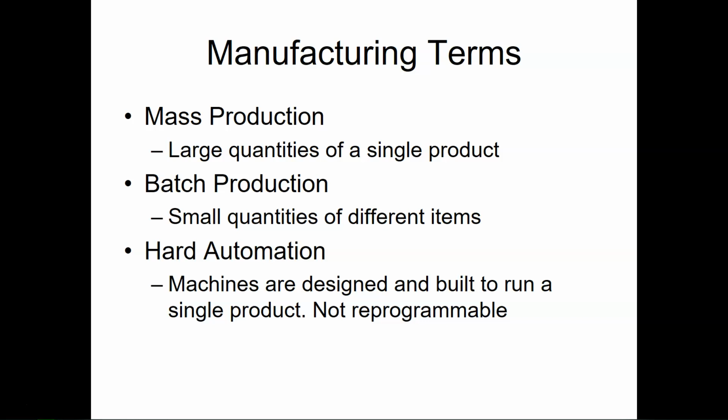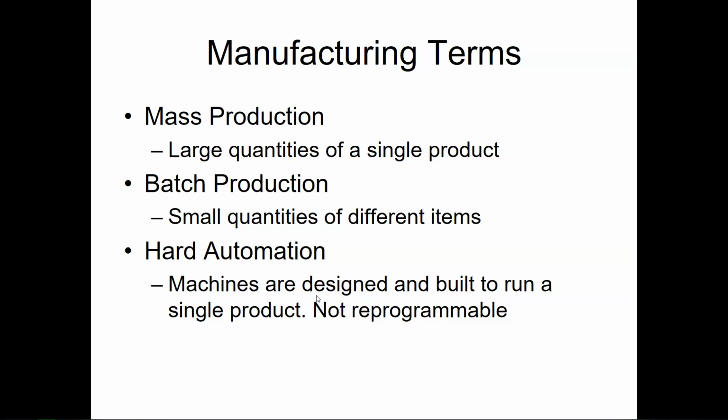If your product doesn't sell quickly enough to get rid of the surplus, you end up holding on to it for a while and getting stuck with it. That's not exactly a good thing. Batch production, you do small quantities of different items, but you still are making them there.